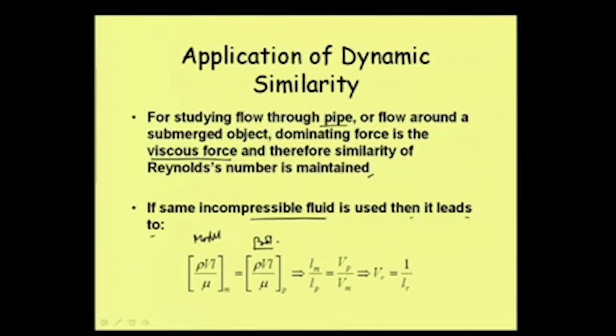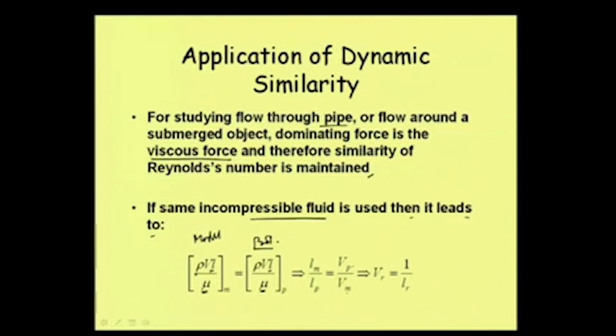So, this will give us L m by L p, where this is L p and this is L m. Rho is the same, and mu is the same, since we are using the same fluid. So dynamic viscosity and density are the same, or indirectly you can say kinematic viscosity, mu by rho, that is nu, is the same. So, if nu is the same, we cancel it, and then we get L m by L p is equal to V p by V m.